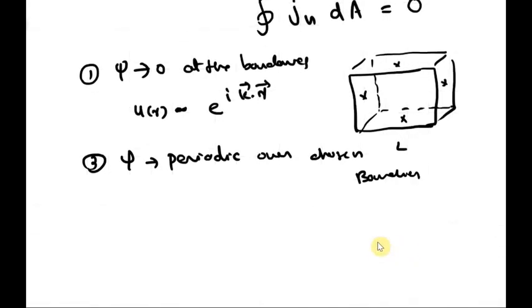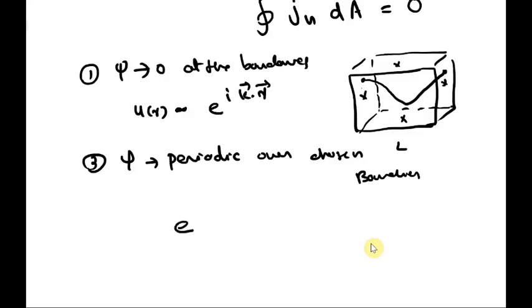If the wave function is periodic, then it has to repeat whatever value it has at this moment. Suppose I have a maximum value, and if it is periodic, after my periodicity interval I will again get a similar value. That is the condition given by periodicity.